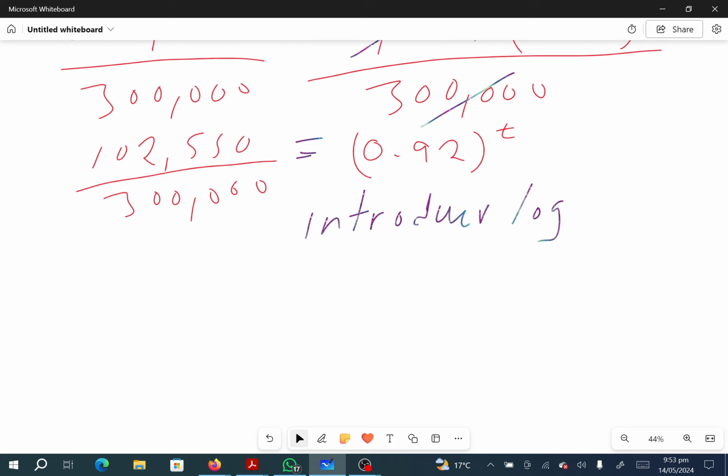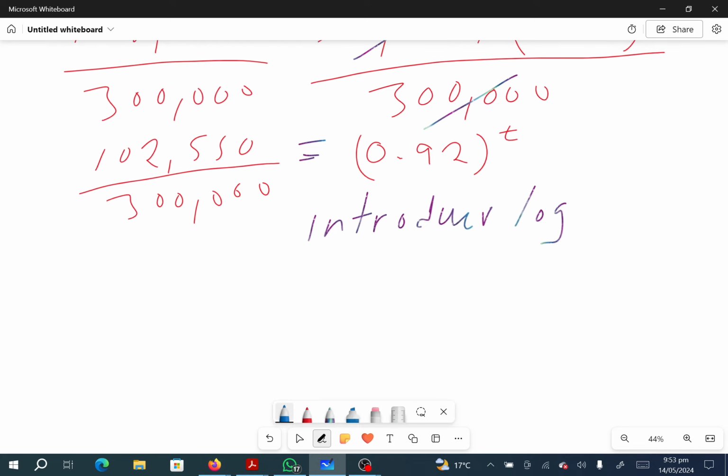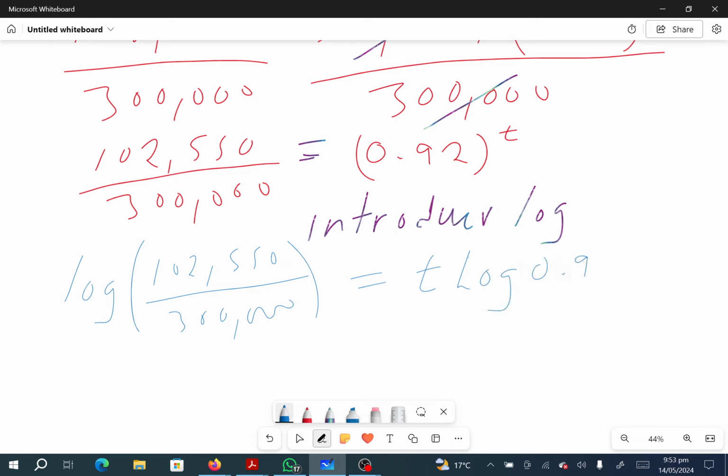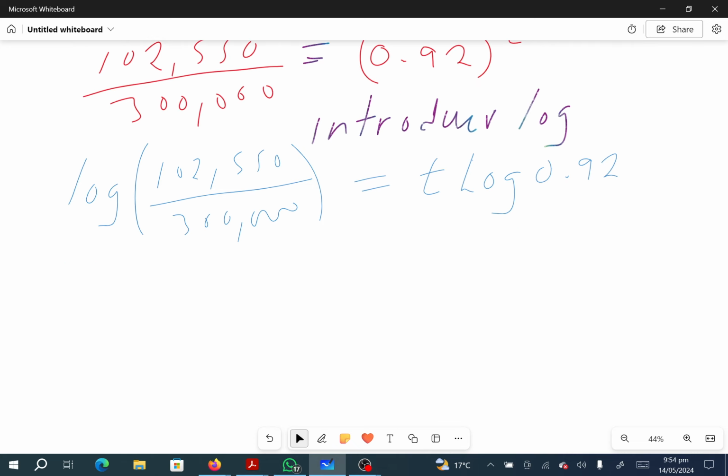We'll say log of 102,550 over 300,000 is equal to, when you introduce log, t log 0.92.